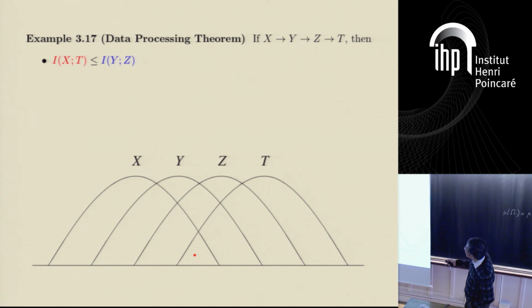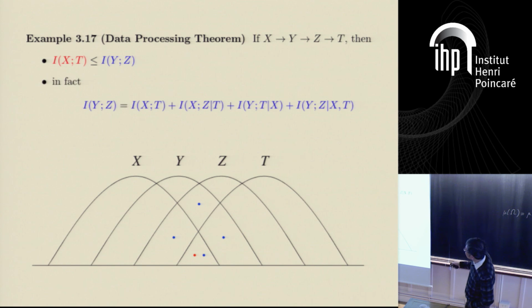I(x;t) is this atom here, the intersection between x and t. And I(y;z) is the intersection between y and z, which are these 4 atoms. We can write down immediately that I(y;z) is equal to these 4 atoms here. Because mu star is non-negative, we can see right away that this is greater than or equal to this, because all these three are non-negative.